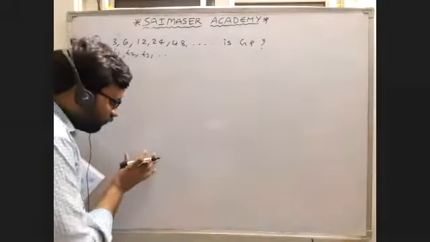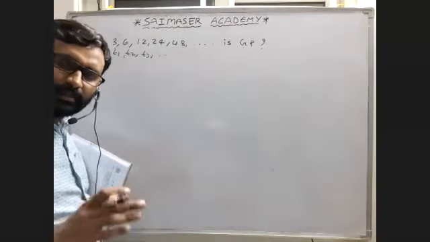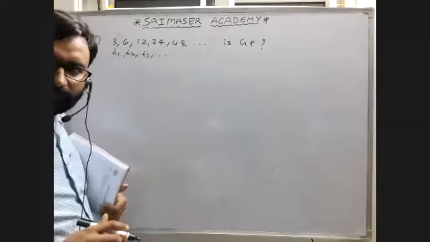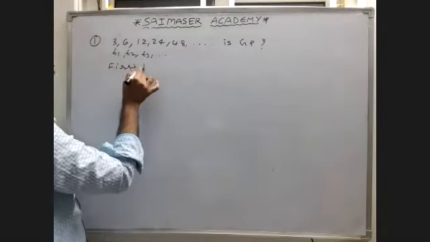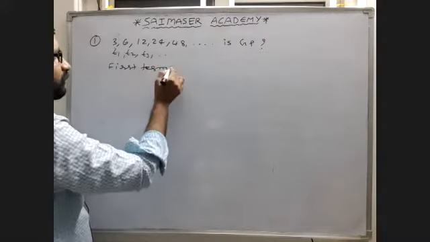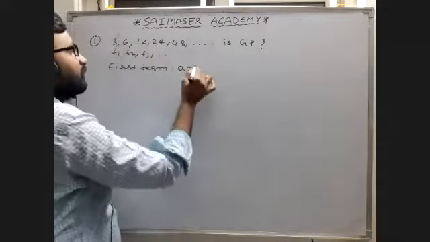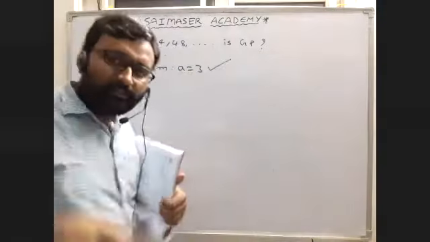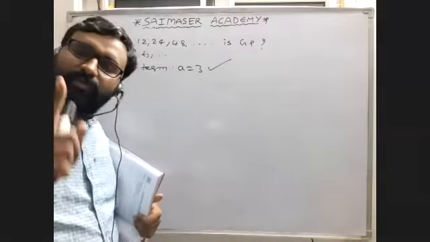Just now we wrote the notations for first term, second term, nth term, and common ratio. The first term, we notate with small a, is equal to 3. But with the first term we can't say whether it is GP or AP. With the common ratio only we can say.